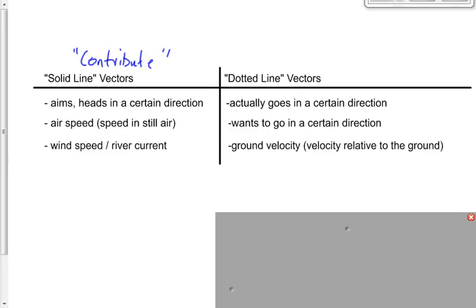These are not what contribute to where I go. These are where I go. We're going to make those dotted lines. So if you think you might have trouble remembering these 6 things, I want you to remember these 2 things. Does it contribute to where I want to go? Or is it where I want to go? If it contributes, it's solid. If it is where I go, it's dotted.